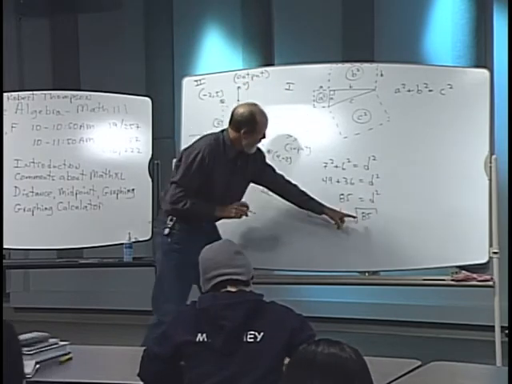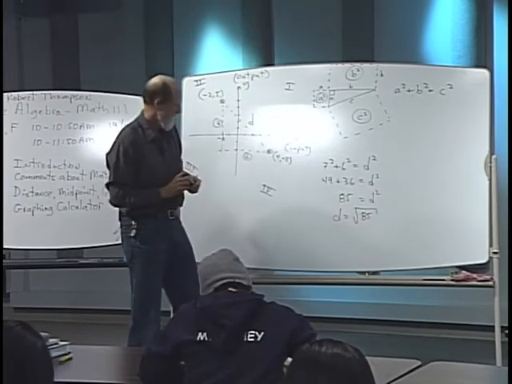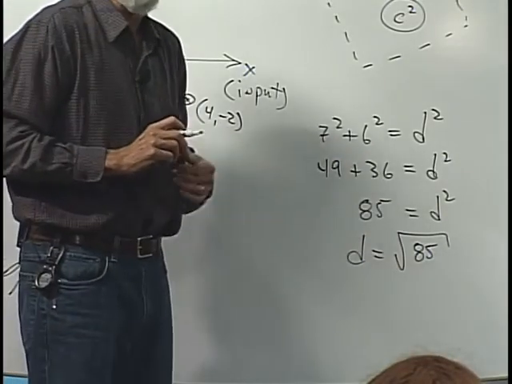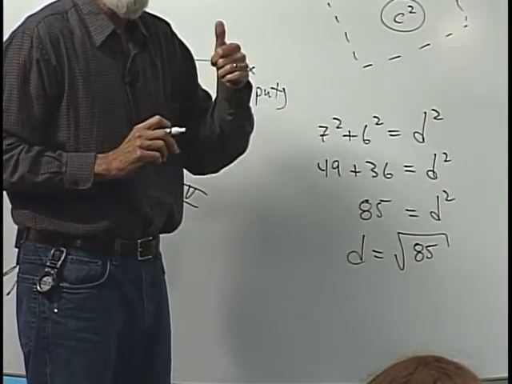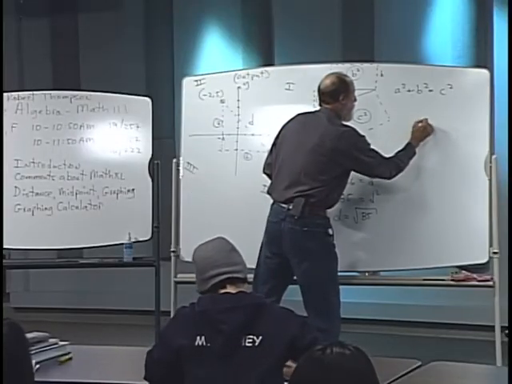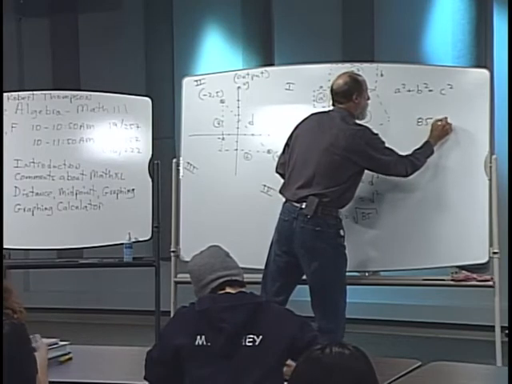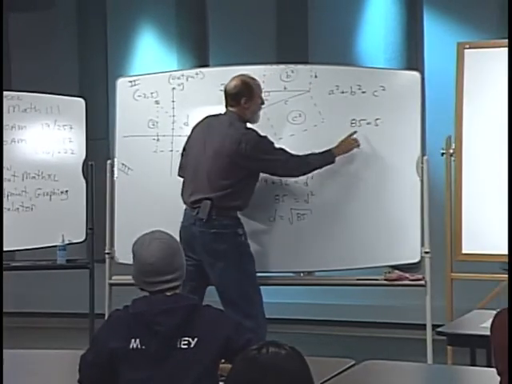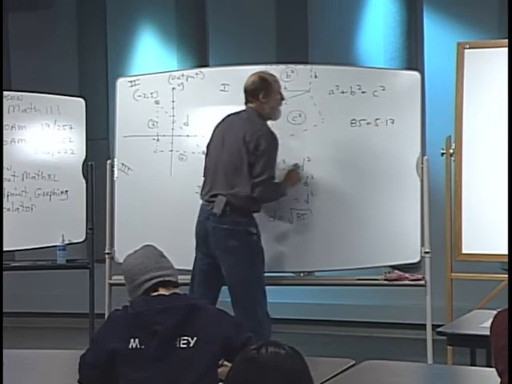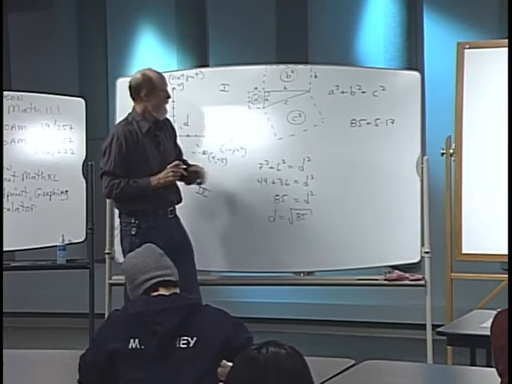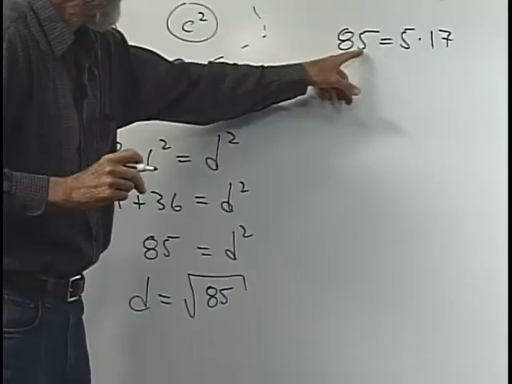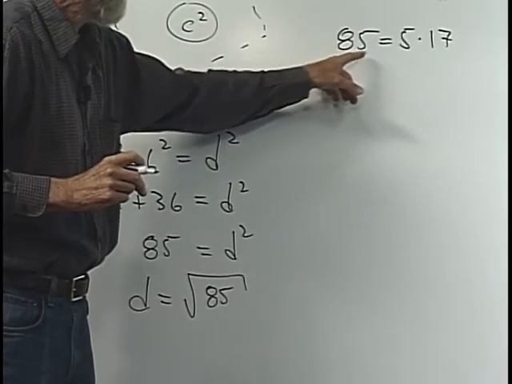Now, does that clean up at all? Don't think so, because 85 is divisible by what? 5 for sure, right? So we know that 5 is divisible in there, so 5 times 17, is that right? 5 goes into 8 once, leaving a remainder of 35. 5 into 35, 7.